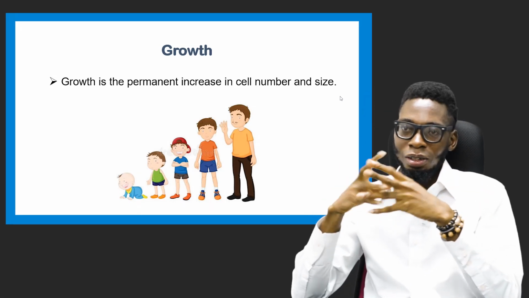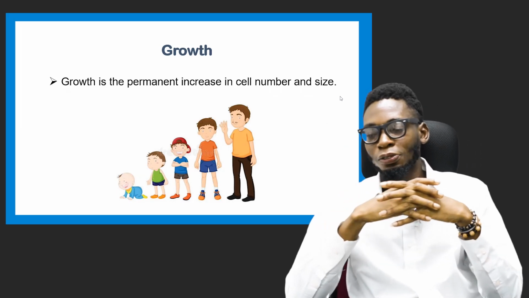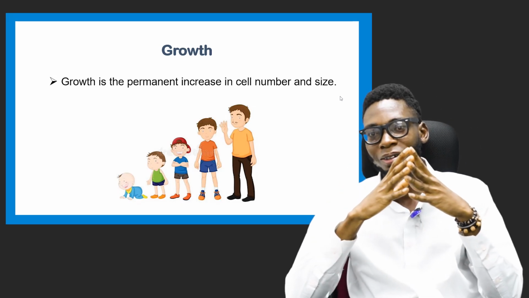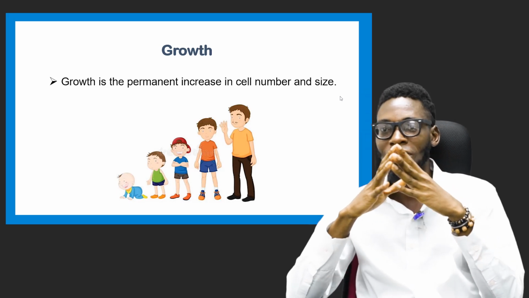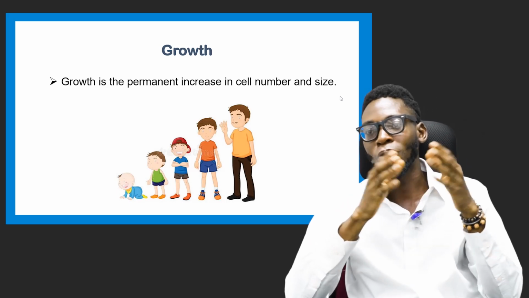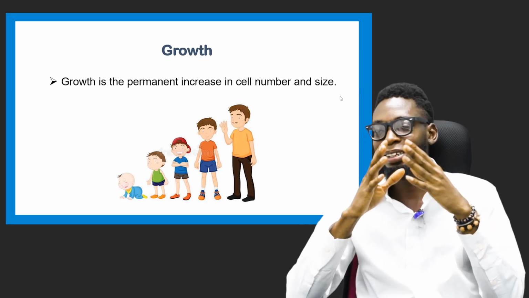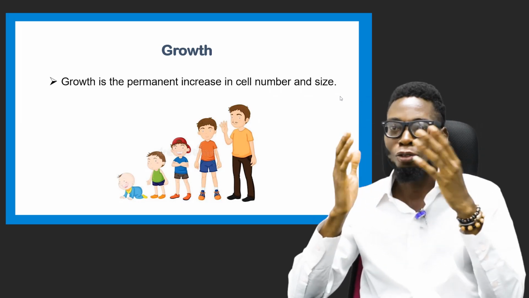Of course, the size you were when you were in Basic 1 is quite different from the size you are now in JSS1. You can see the difference in your size. You've grown over the years. The clothes you used to wear when you were in kindergarten, you can't even fit into right now because of growth.